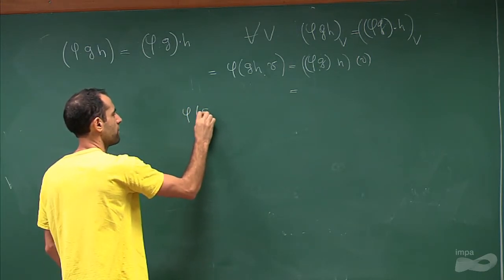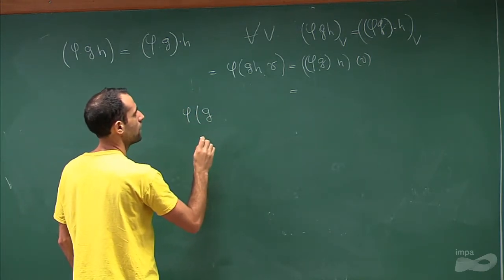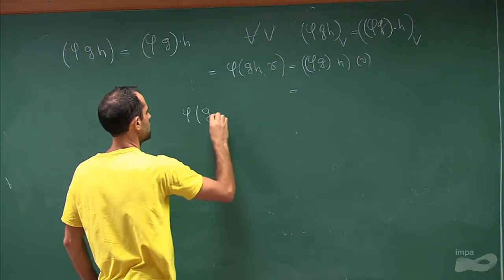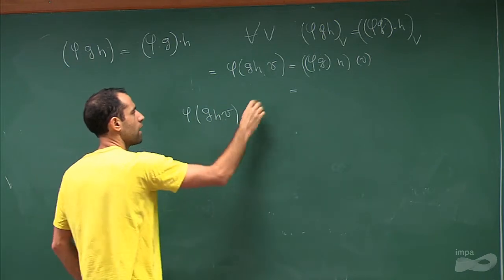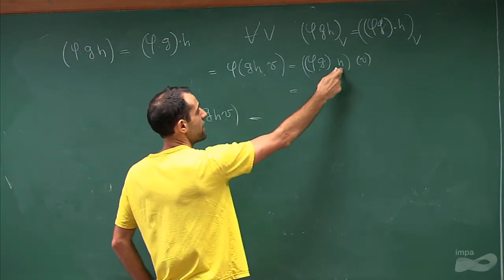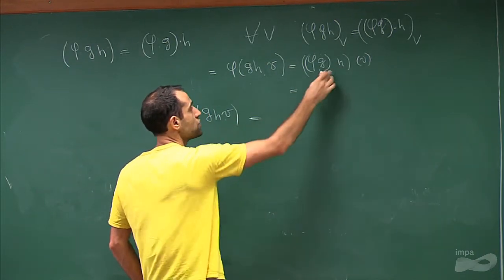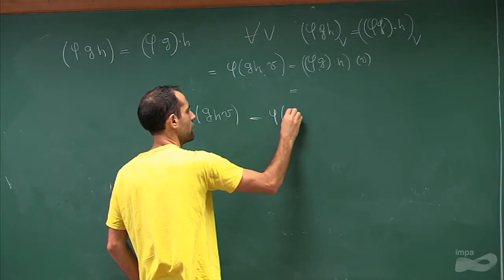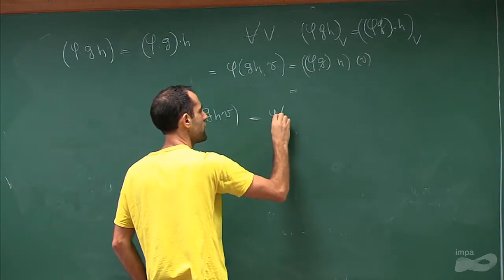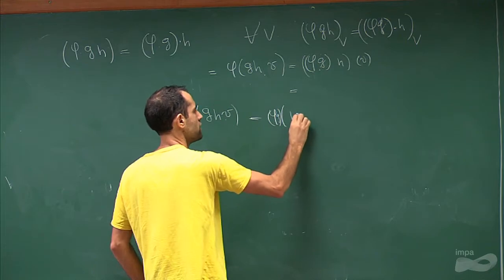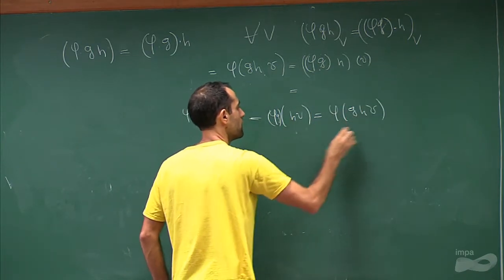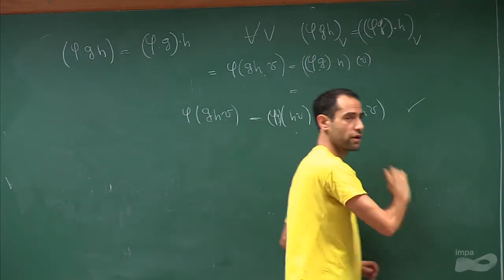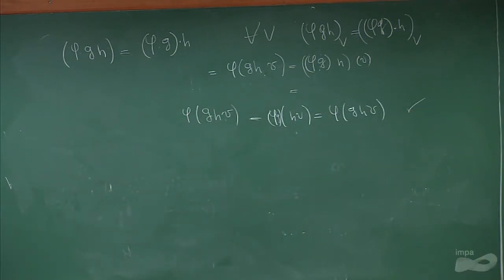Phi of g, well, here is correct, so this is GHV, and on that side, this is H acting on the side, so this is phi g acting on HV, and here is phi of GHV, which is good. The order, this time, it came out correctly.